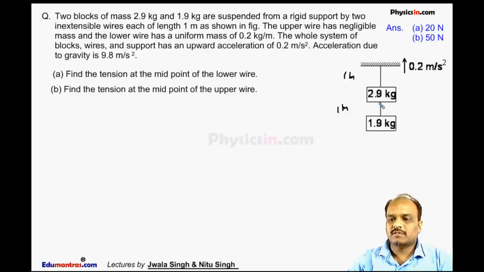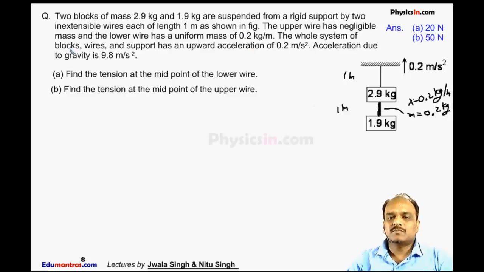This rope is not massless, it has mass, and here the mass density lambda is equal to 0.2 kg per meter. So the total mass of this rope is 0.2 into 1, that is 0.2 kg.